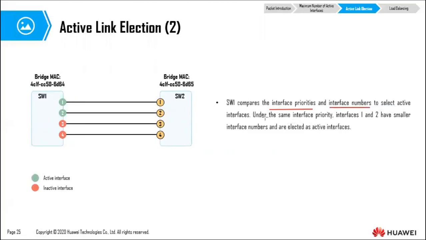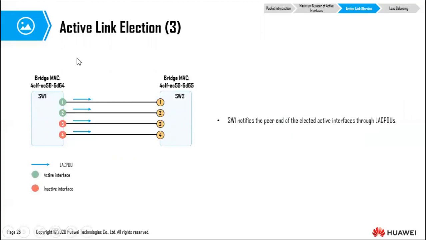Under the same interface priority, interfaces 1 and 2 have the smaller interface numbers and are elected as active links. We've configured switch 1 and 2 to have a maximum of 2 active links, so it's going to select 1 and 2 as active interfaces.